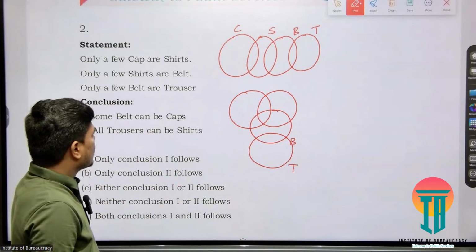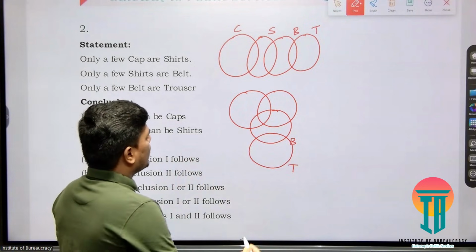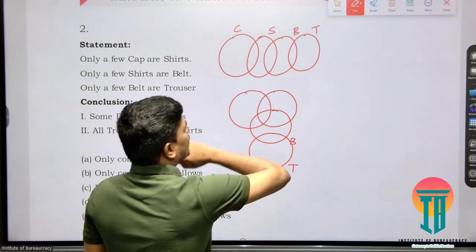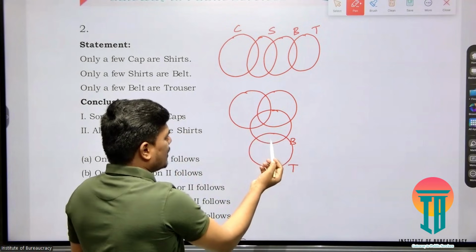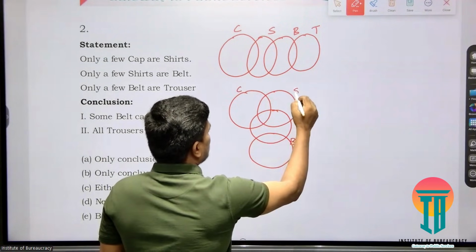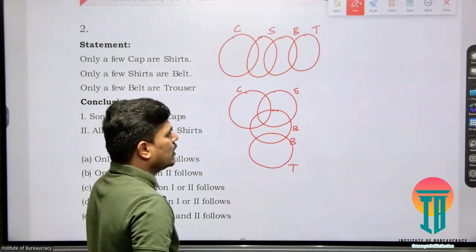So now let's get into the conclusions. Some belts can be caps. Here if you see, no belt is a cap. But if you draw like this, this is your cap, this is your shirt, this is your belt, and I have drawn the trouser here.